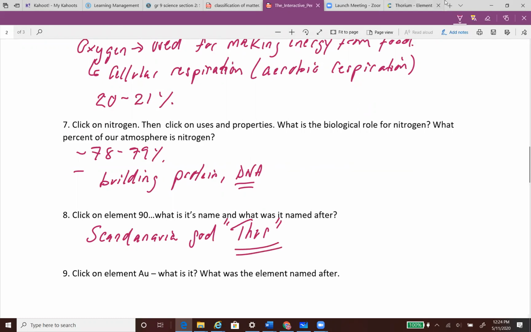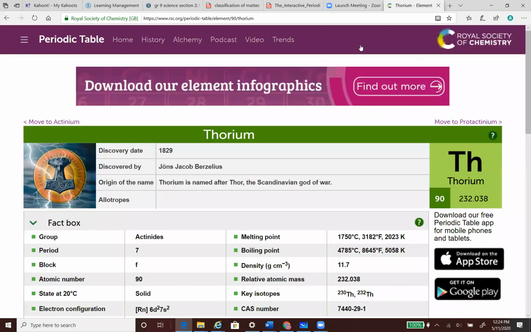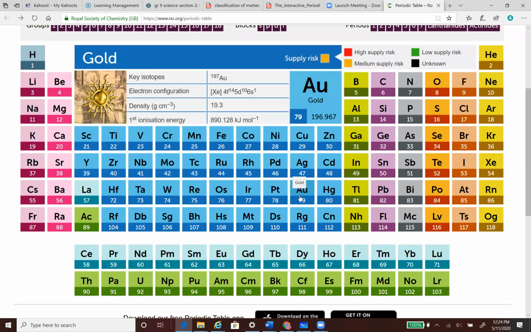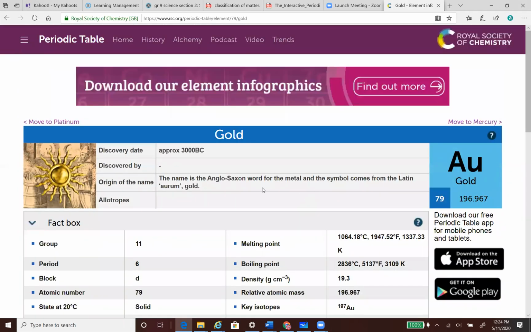Click on Au. Go back to the periodic table. Where's Au? Au is right here. Au is number 79. It's gold. Now why is it Au? Because sometimes we don't use the English name. We might use different languages.